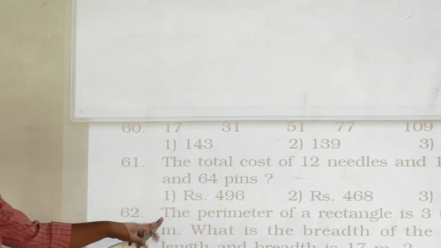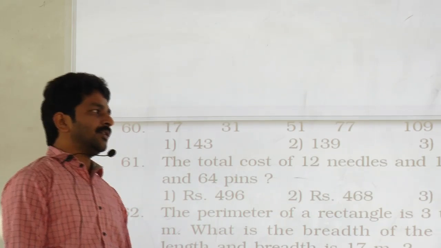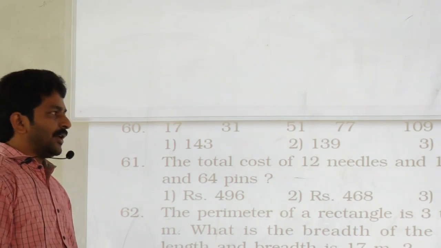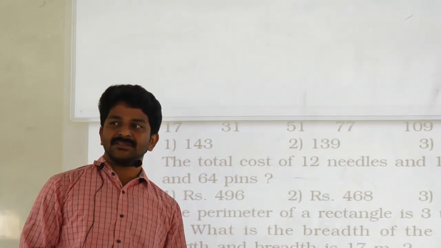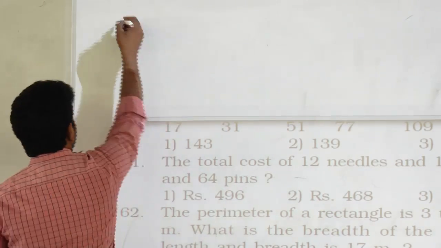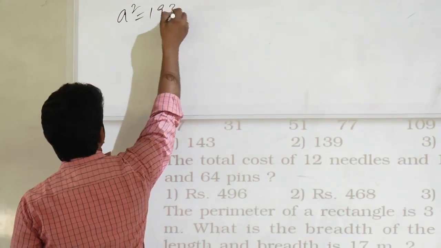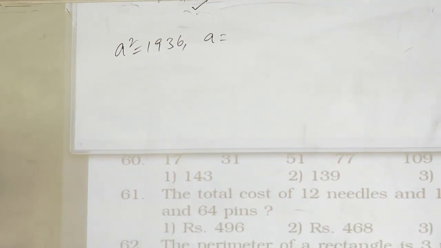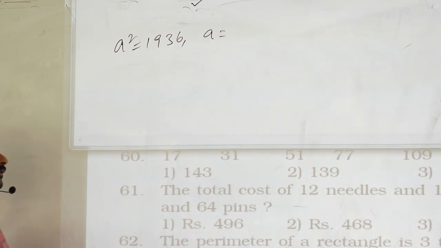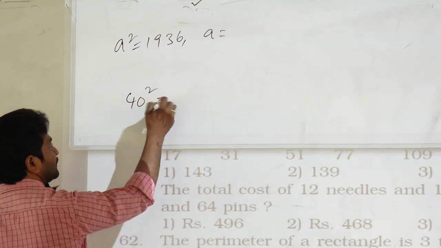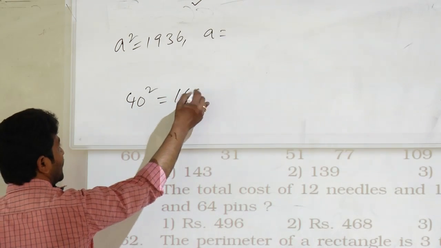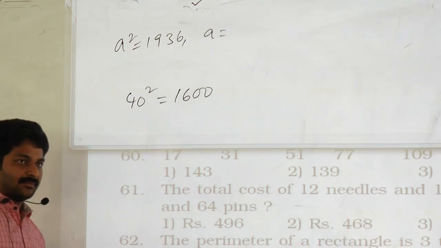Next, the perimeter of a rectangle is 3 times the side of the square, whose area is 1936. The square area is 1936. What about the side? What is 40 square? 1600.